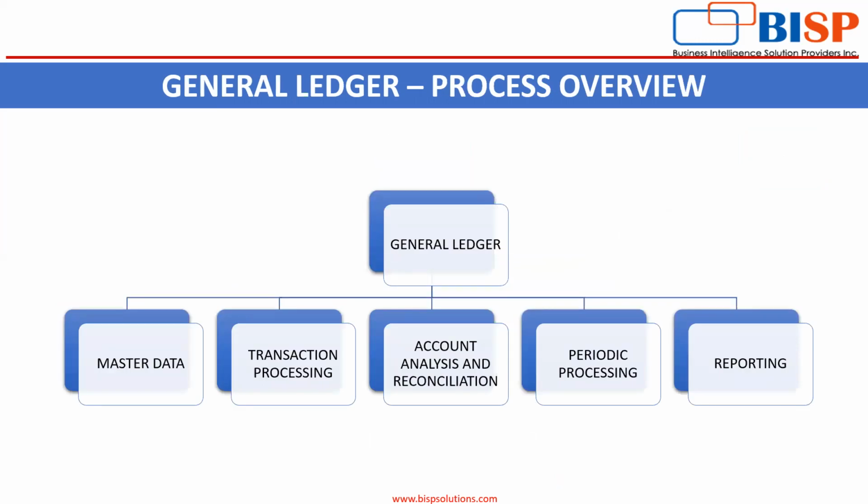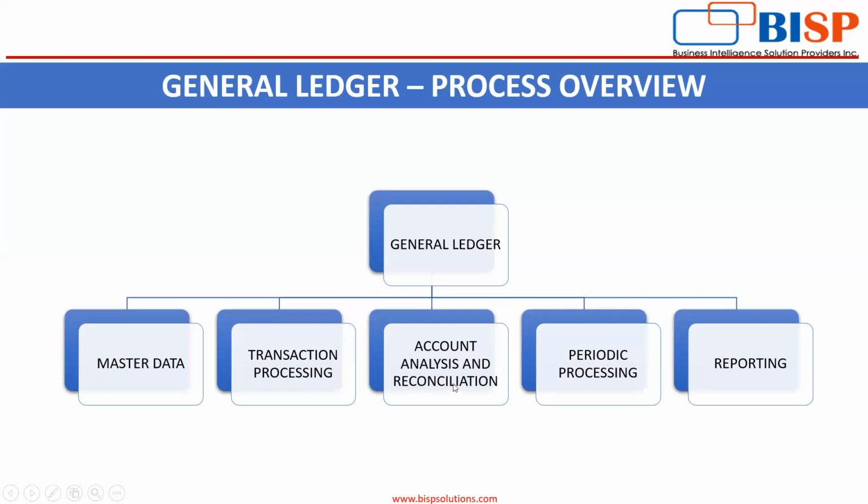Then, how the entire process takes place. So, process overview of the journal ledger. First we have to maintain master data. Then by using master data, we create transactions, or we say journal entries, that is called transaction processing. Then these transactions are analyzed and used for reconciliation purposes.